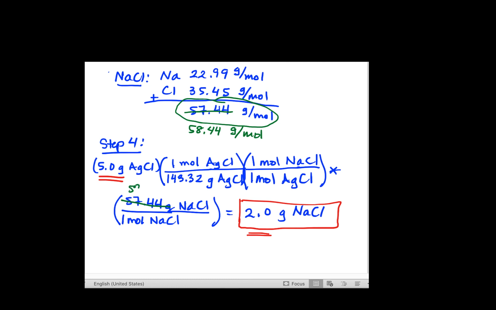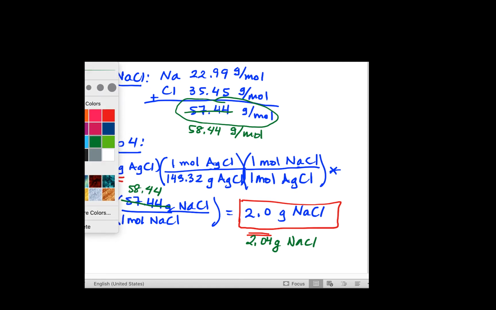It was not correct, so let's fix it. When we fix it, our final answer becomes 2.04 grams of sodium chloride if we're keeping 3 significant digits. But since we are only keeping 2 significant digits based on the original 5 grams, our answer is not going to totally change.